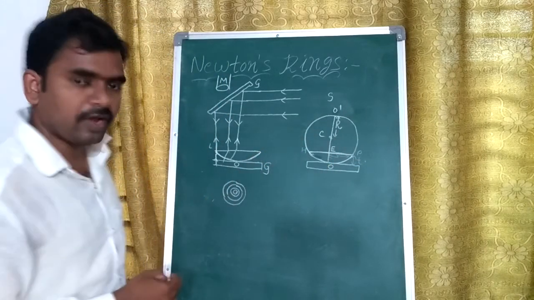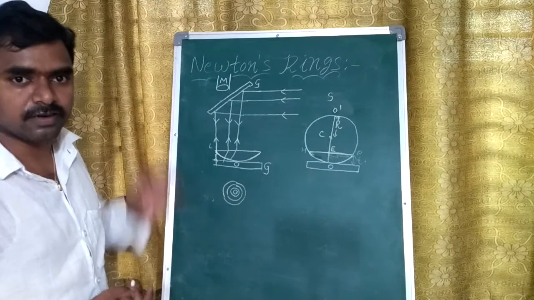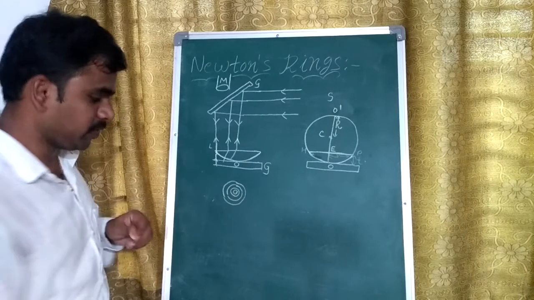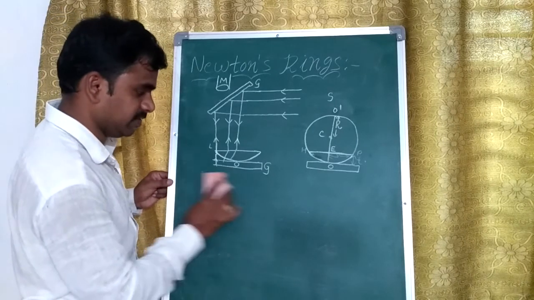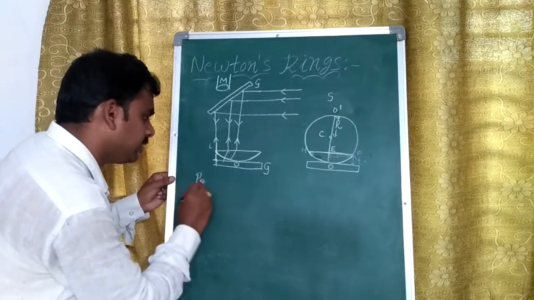Now we have to prove why at the center we can observe the dark spot. Regarding that, we have to calculate the path difference.